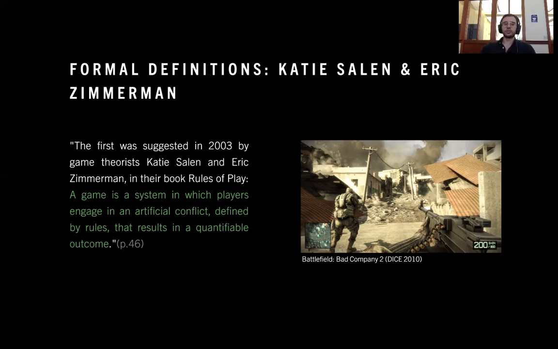In their book Rules of Play: a game is a system in which players engage in an artificial conflict defined by rules that results in a quantifiable outcome. This can be seen as a mix between Crawford and Bernard Suits in a way. So instead of having the state of affairs, it is equalized with an artificial conflict.